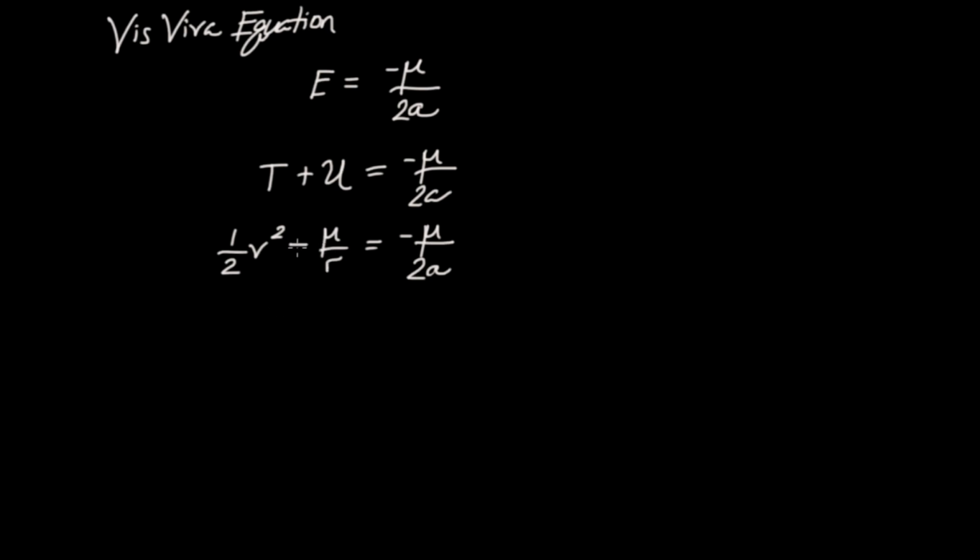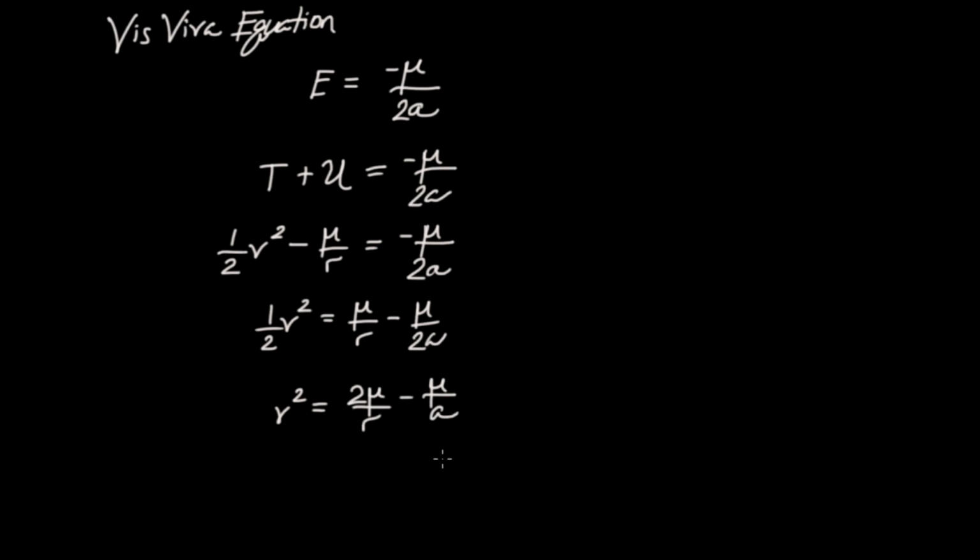The first thing I'm going to do is bring this minus mu over r to the right-hand side. So I have 1/2 v squared is equal to mu over r minus mu over 2a. And then I'm going to multiply both sides by 2. So I get that v squared is equal to 2 mu over r minus mu over a.